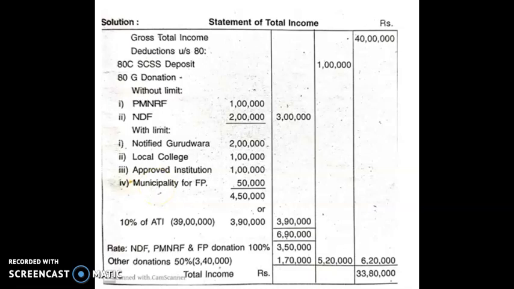We'll discuss this solution and then we'll cross check later what all things are given there, whether we have considered all the items. Now, from the gross total income of rupees 40 lakhs, all the deductions we are supposed to do. There were some deductions which were available for us, so we'll see whether those items are considered here.